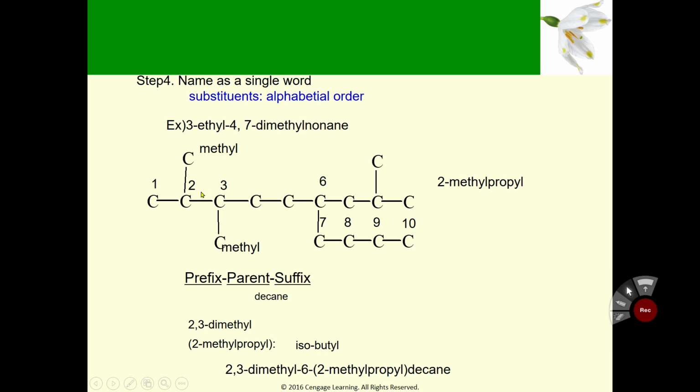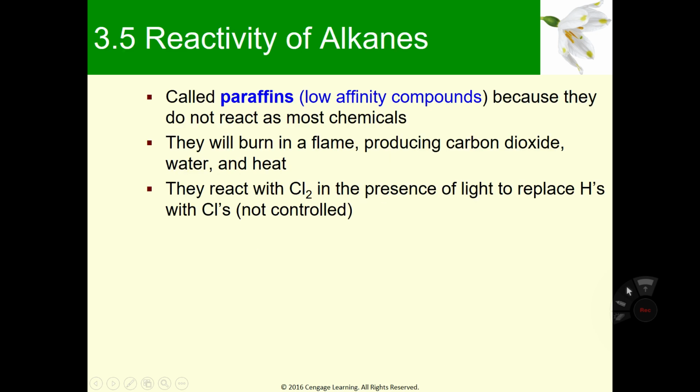This can be combined and it will be 2,3 dimethyl, right? And this is methyl propyl, so the name 2,3 dimethyl comes before 2-methyl propyl. So the name will be like a 2,3 dimethyl, 6-(2-methyl propyl) decane. You can practice the nomenclature in the problem set in your textbook.